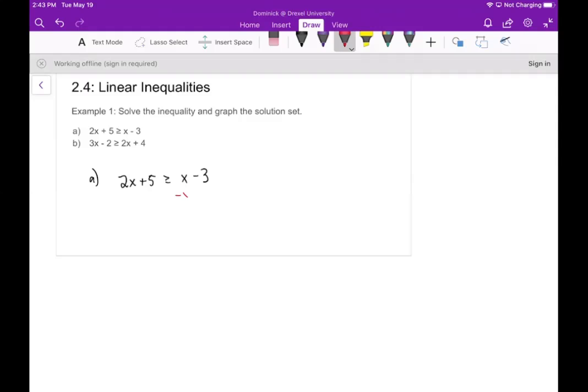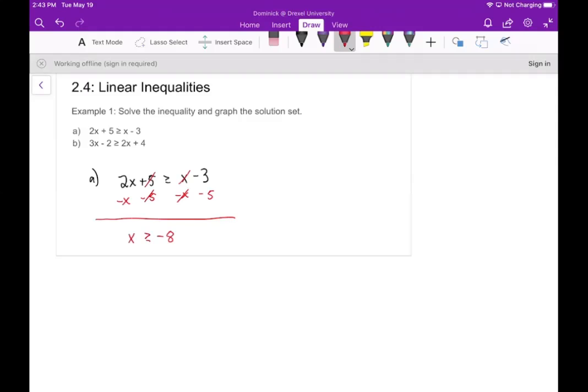So here, I can move the x over so I don't need to worry about a negative, and let's move the 5 while we're at it. My x's are being moved to the left and my numbers to the right. So we get right away that x ≥ -8.